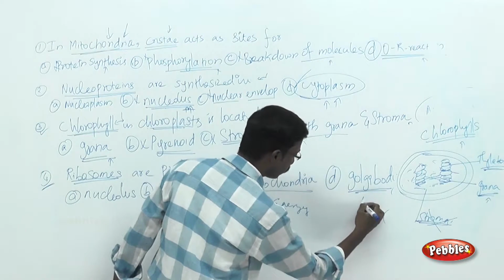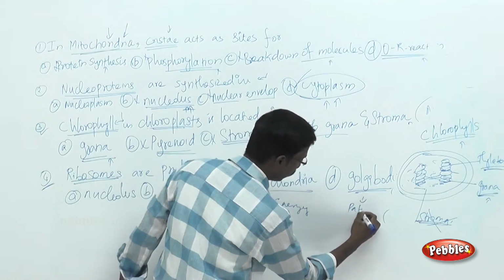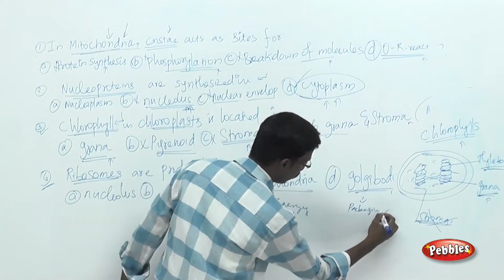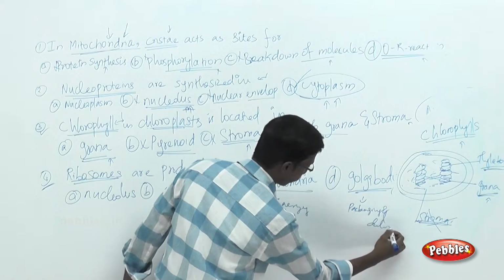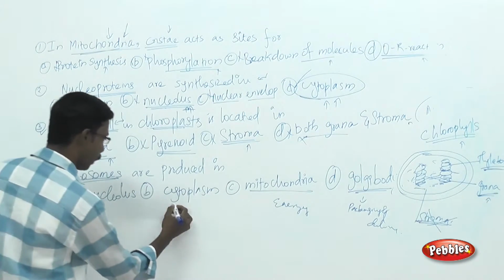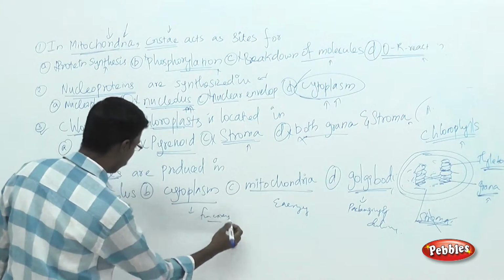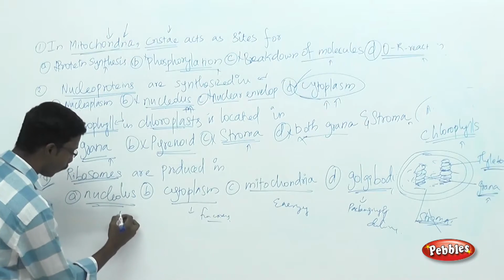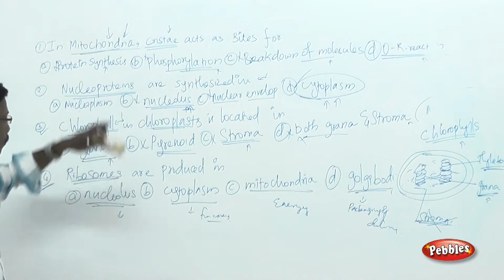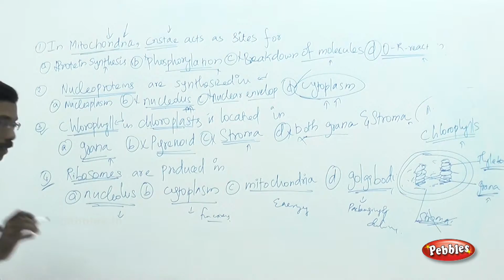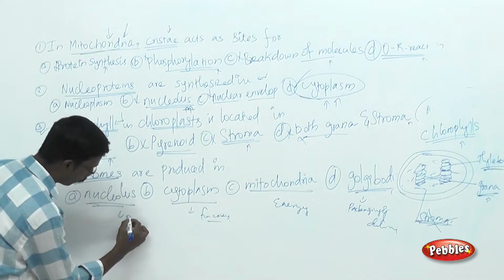The role of Golgi bodies is packaging and delivery. The role of cytoplasm, there are so many functions; we will come back to the cytoplasm. The role of nucleolus, I told you in the previous question, is the synthesis of ribosomal subunits.